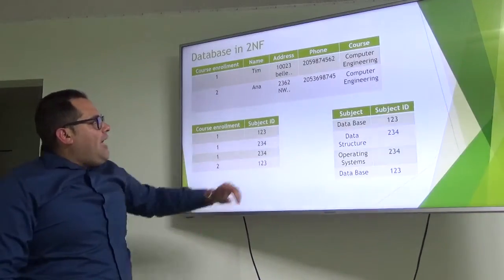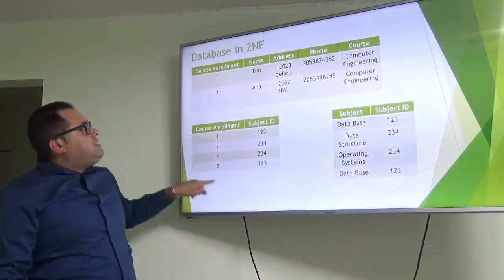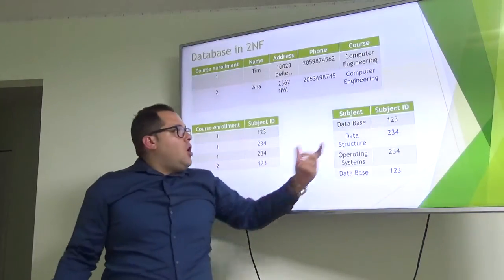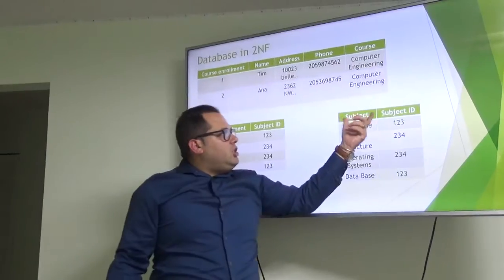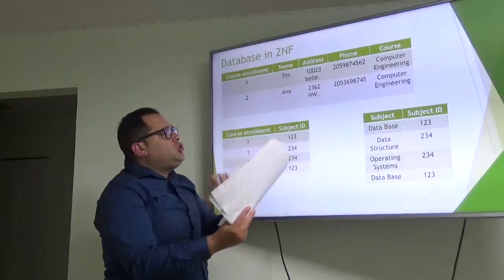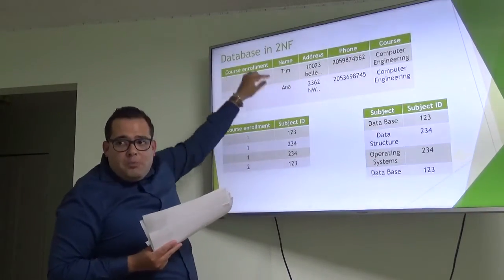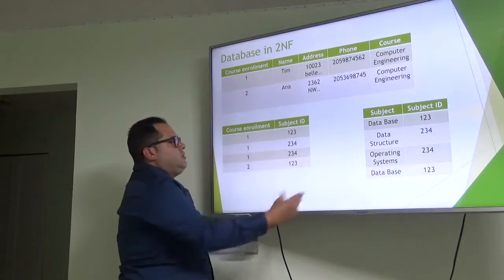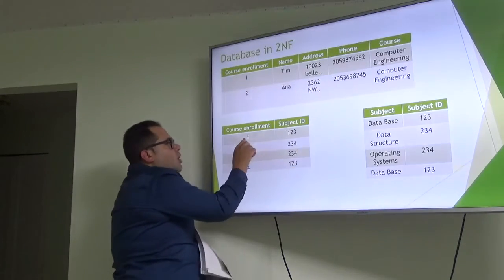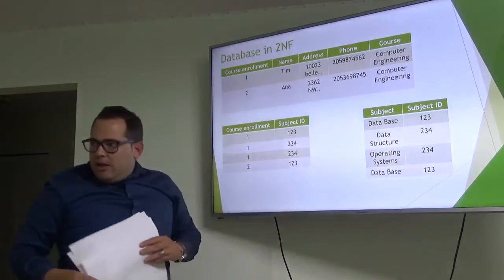Next. Okay, we now have our database in second normal form. Why? Because we did not lose information, we only separated subject with subject ID as a primary key, and the relationship between subject and the course enrollment uses this new table which contains the course enrollment associated to the subject ID.